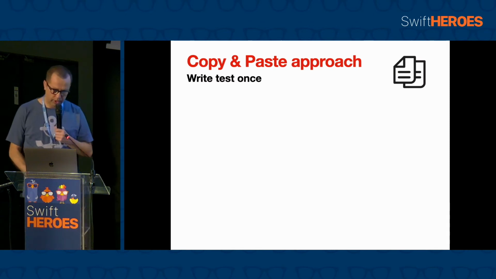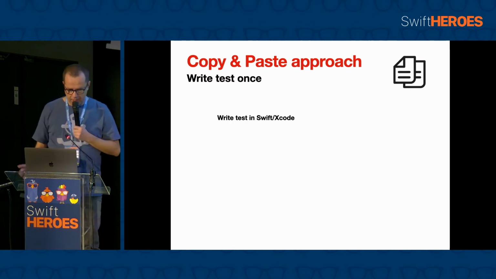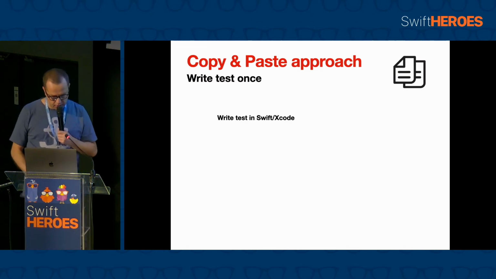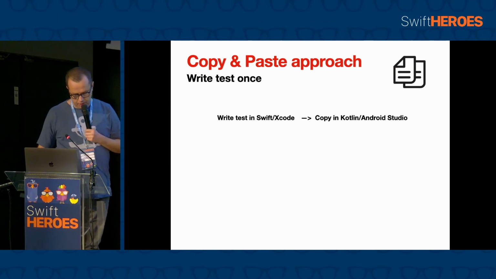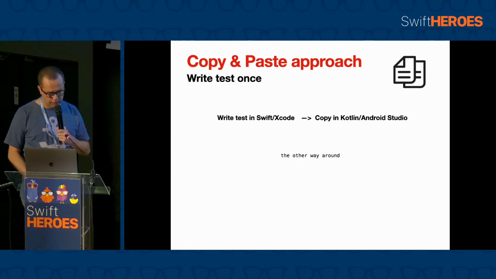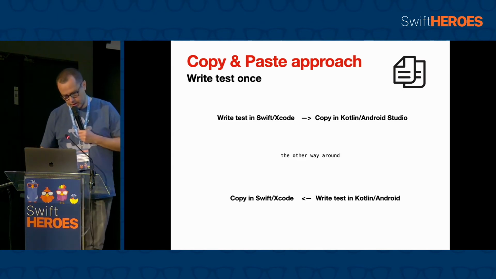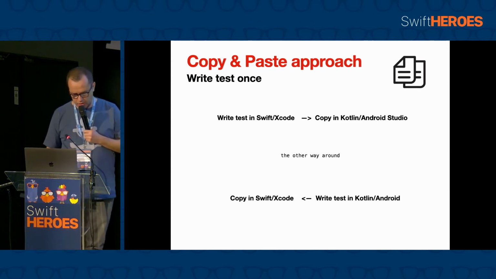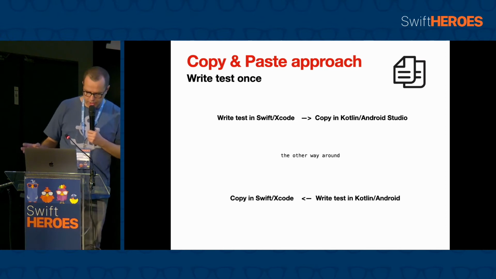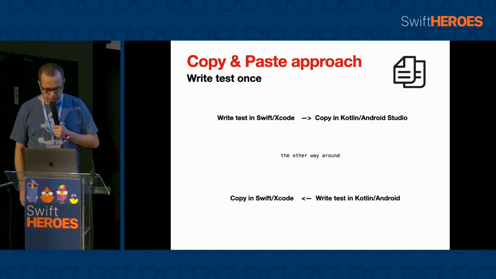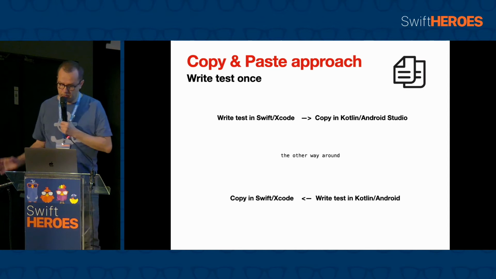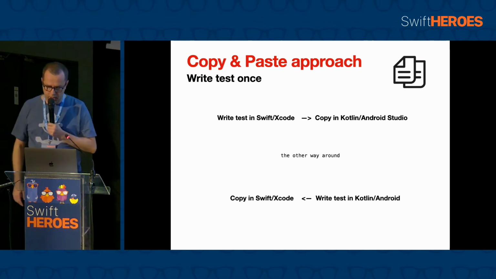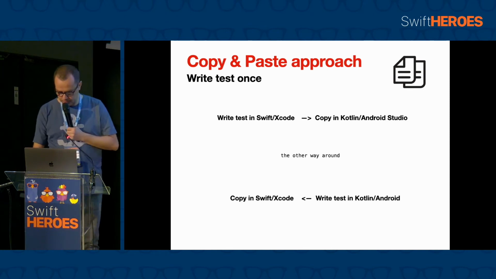The copy-paste approach consists in writing a test in Xcode and copying it into Kotlin in Android Studio, or vice versa. So you start writing your test in Android and copy it into Swift code. Usually, a feature is implemented in pair, an iOS developer with an Android developer.